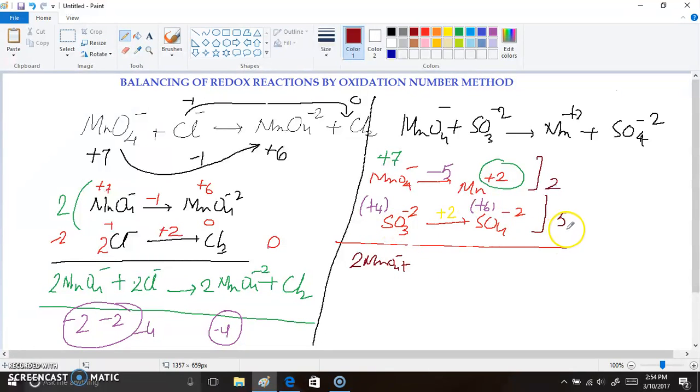Yes, this SO3 minus 2 must be multiplied by 5. So 5SO3 minus 2 gives rise to 2Mn plus 2 plus 5SO4 minus 2. Okay, 2MnO4 minus plus 5SO3 minus 2 gives rise to 2Mn plus 2 plus 5SO4 minus 2. In this case, you can see better.